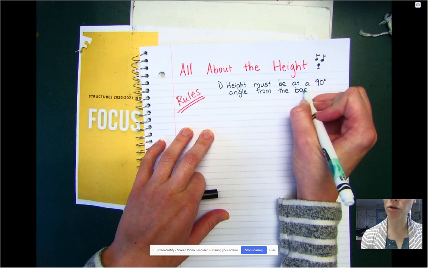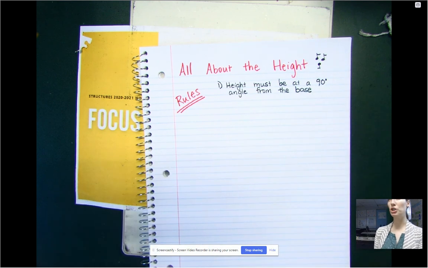The nice thing about triangles is you can use pretty much any side as the base. So whatever side you're using is the side that the height needs to be at a 90 degrees from.